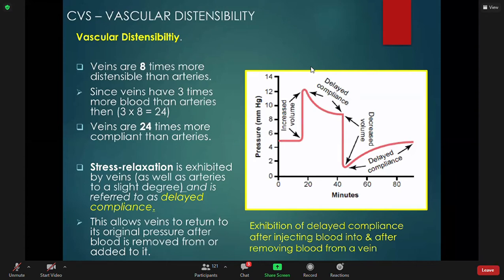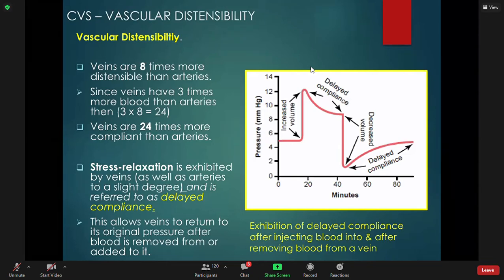So, yes, this is what we call stress relaxation. It allows the veins to return to their original pressure after blood is removed or added. Kung wari, nag-transfuse ka ng dugo, 500 ml of blood, the volume and the pressure will rise.